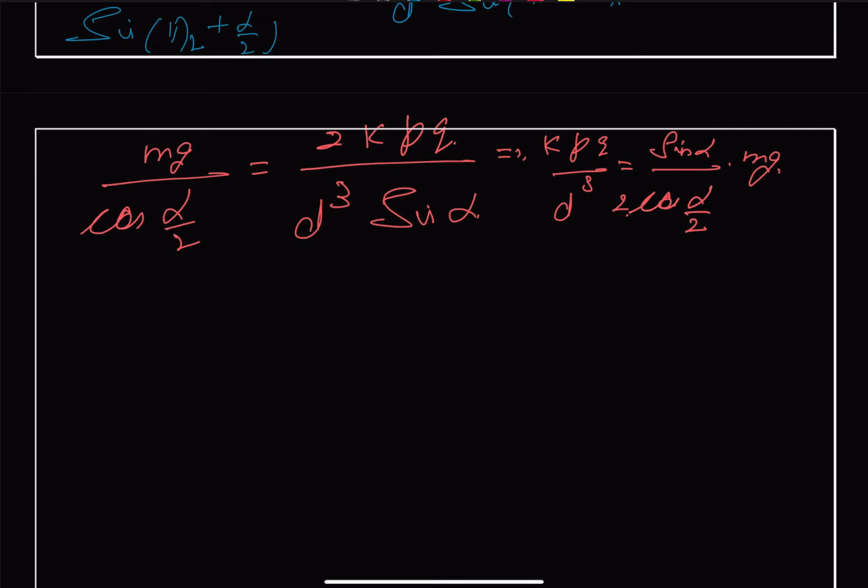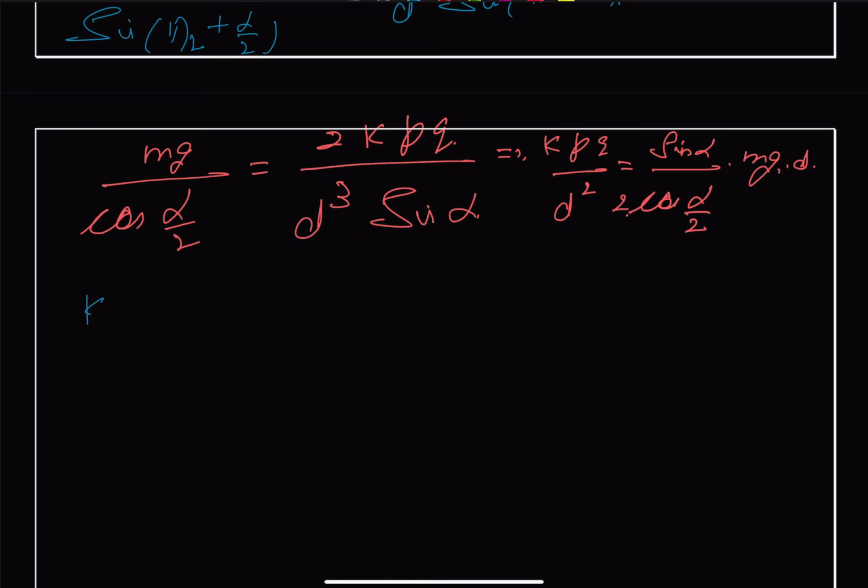So we can use the half angle, and let me write this as square and here multiply by d.